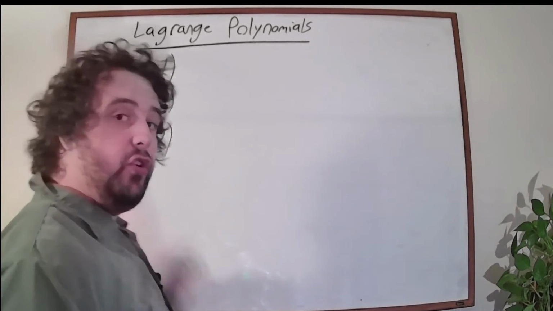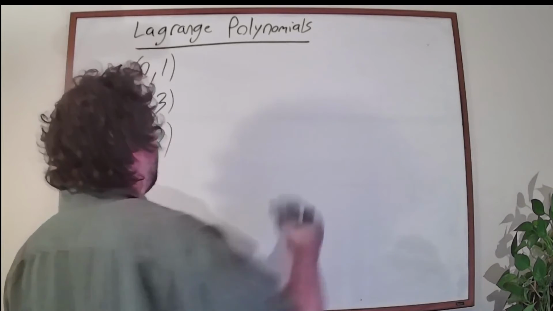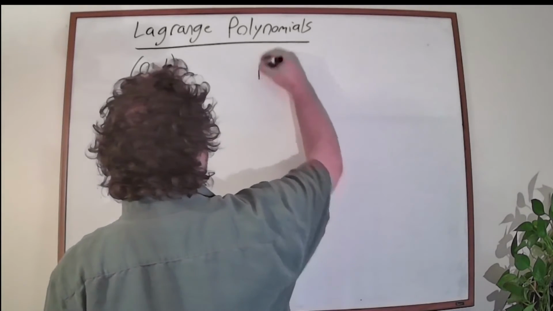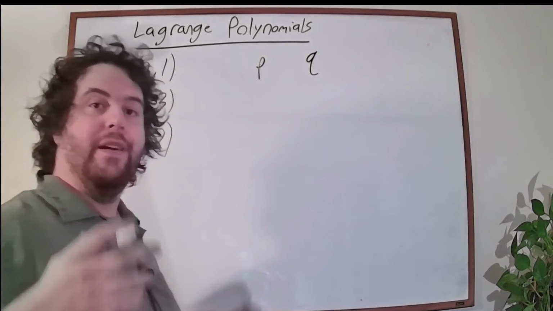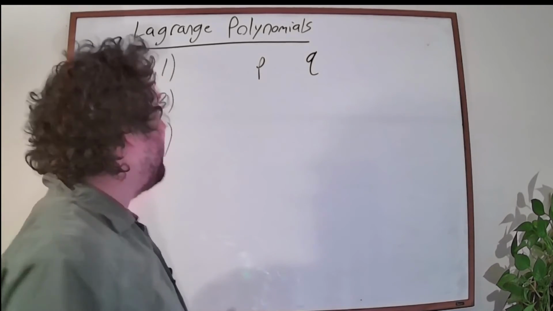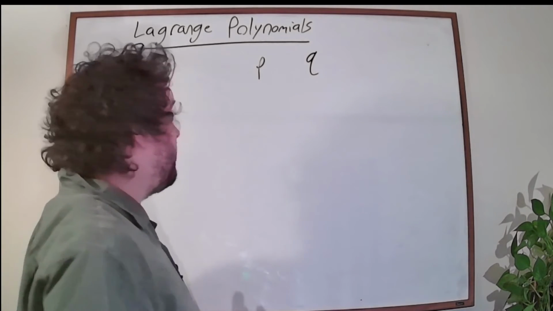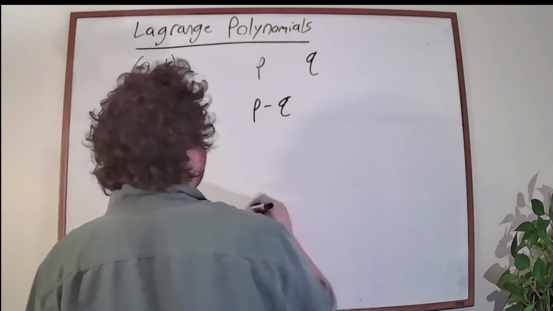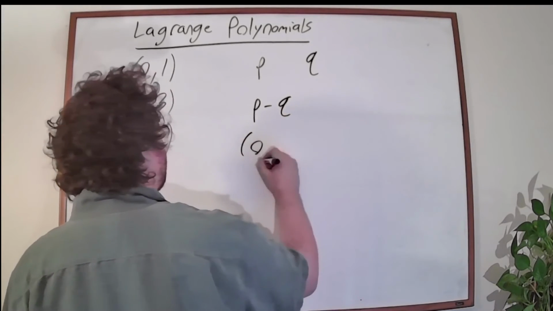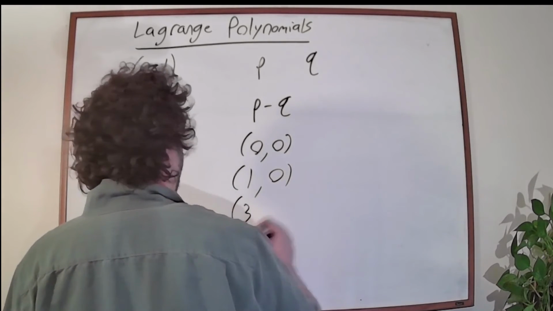Suppose that we had 2 polynomials of degree 2 passing through these 3 points. Suppose we had one polynomial p and another polynomial q, and they are different polynomials. Well, different polynomials of degree 2 passing through all of these points, then their difference, p minus q, is going to pass through the 3 points 0, 0, 1, 0, and 3, 0.